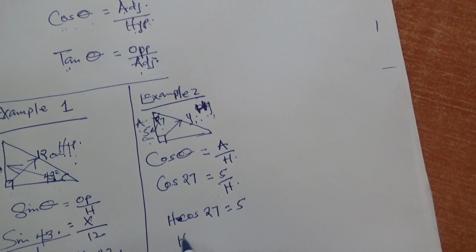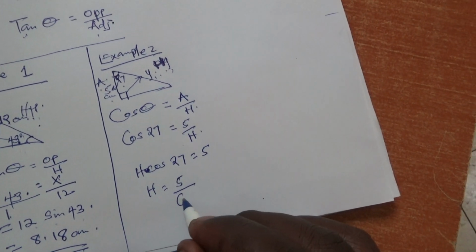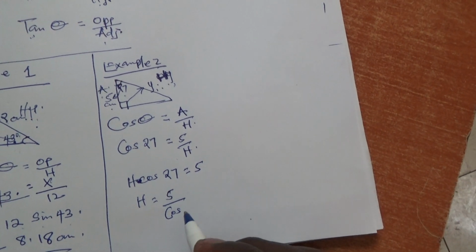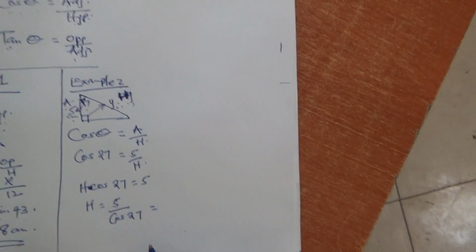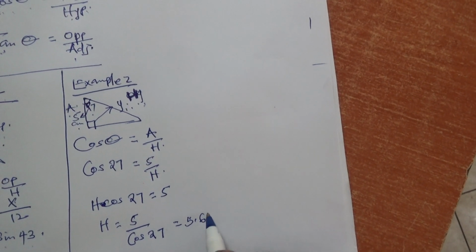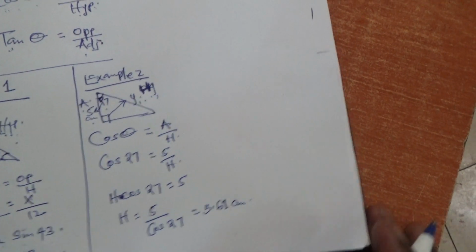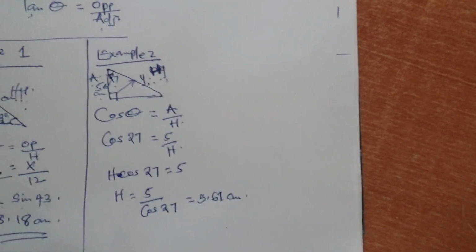So h is 5 divided by cos 27, which is going to be 5.61 centimeters. All right, so you just have to identify the dimensions.